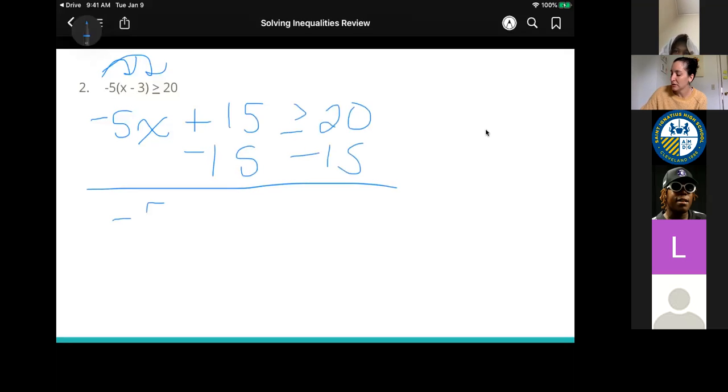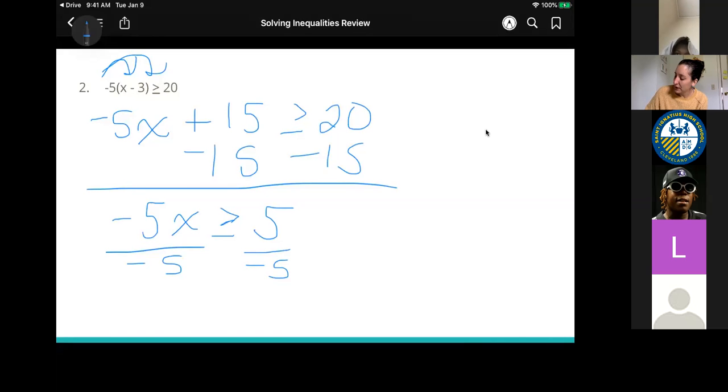5 is greater than or equal to -5x. Or -5x is greater than or equal to 5. Good. Then you would just divide, so you get x equals 1. Almost. Not 1, -1.